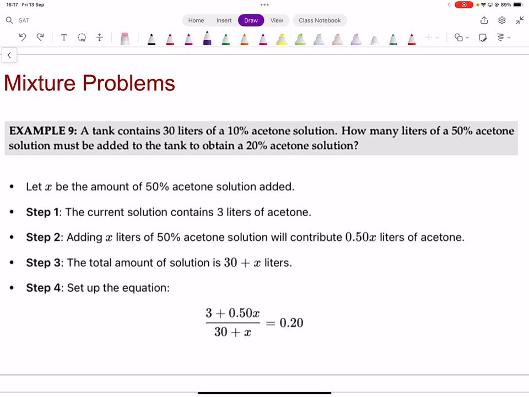Yeah, one last question, then we have a break. Okay, so this is the solution that we did there. We started with x being the amount of acetone solution added. We already have 3 liters of acetone there. ये equation आपकी उससे बन गई. Percentage आपने 0.2 से equate कर दी, 20% से equate कर दी. Okay?